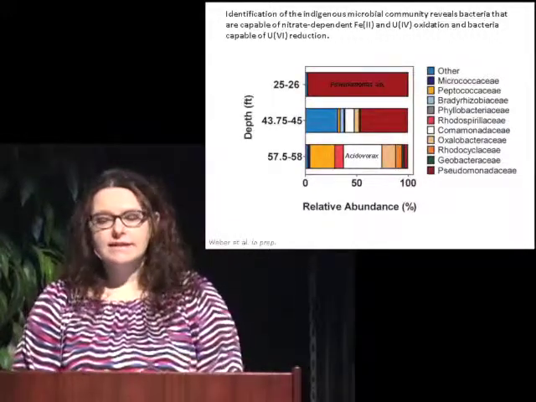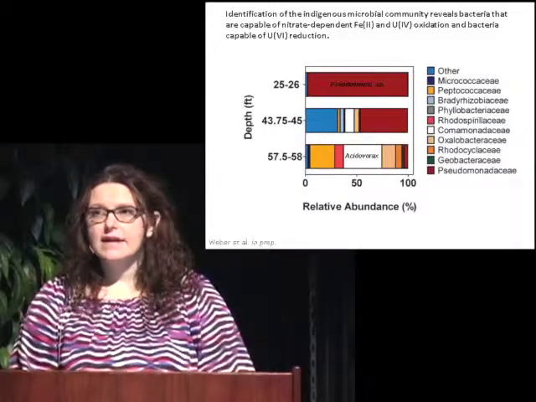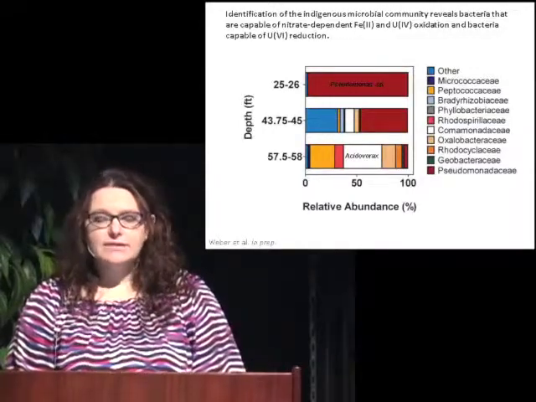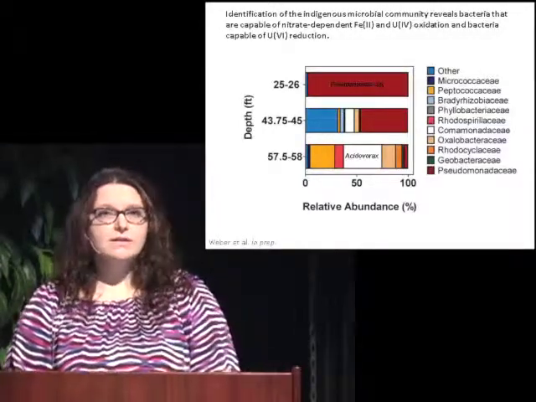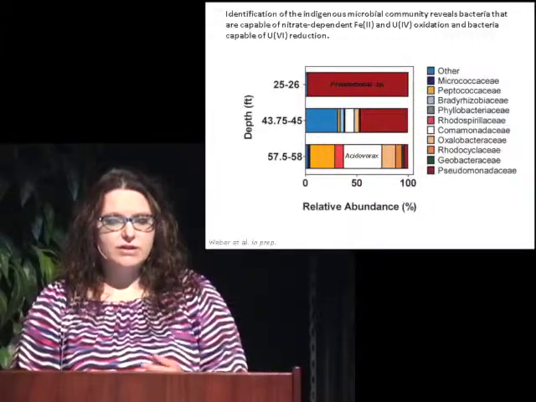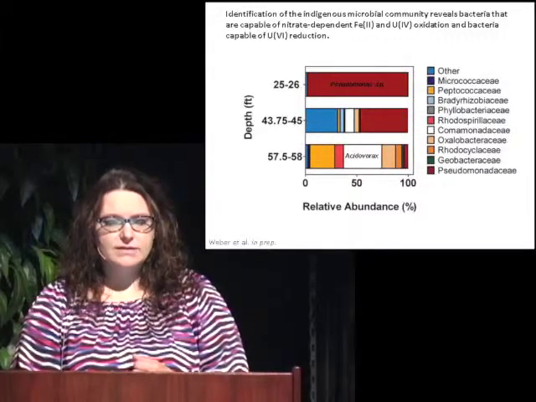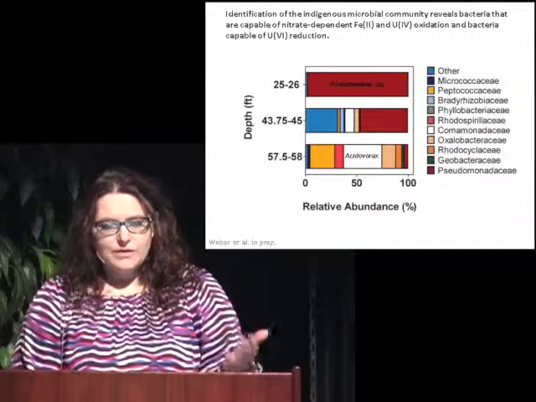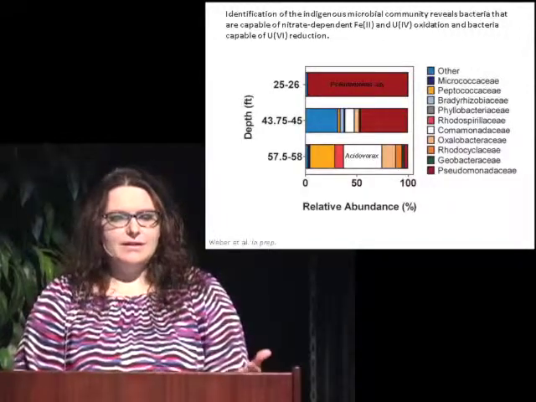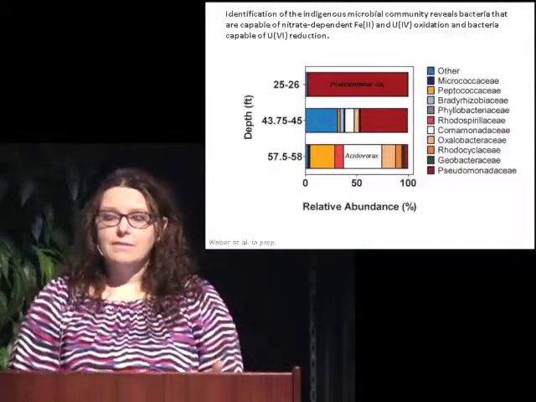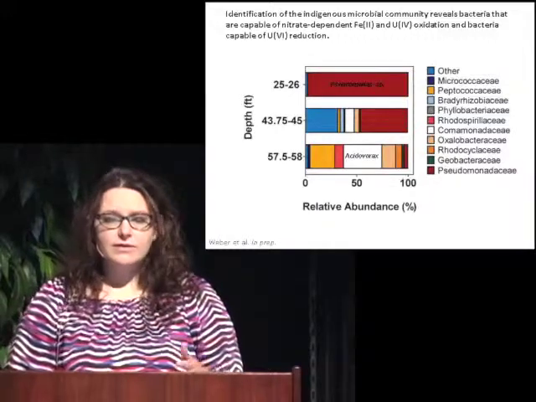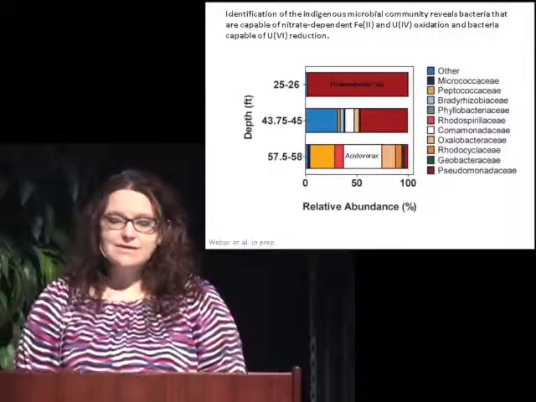Well, I had previously isolated an Acidovorax as a metal oxidizing microorganism, and this is the one I talked about, and introduced it as a nitrate-dependent uranium oxidizing microorganism. So this indicates that there are microorganisms present that actually make up about 50% of the microbial community in this environment.